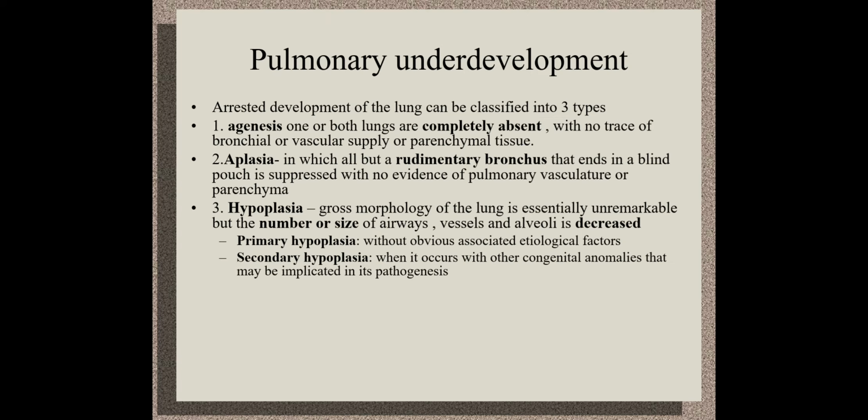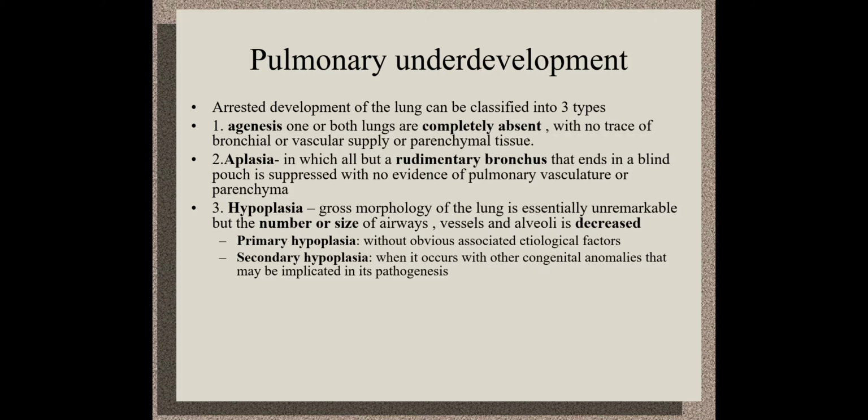Underdevelopment: either agenesis, in which one or both lungs are completely absent, or aplasia, in which all but a rudimentary bronchus that ends in a blind pouch is suppressed, with no evidence of pulmonary vasculature or parenchyma.